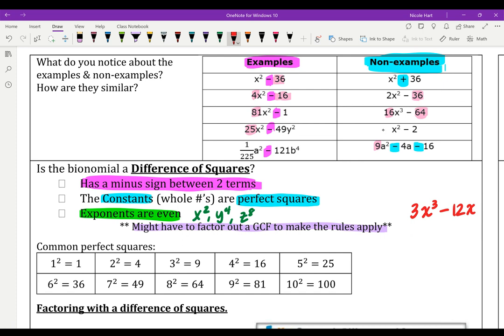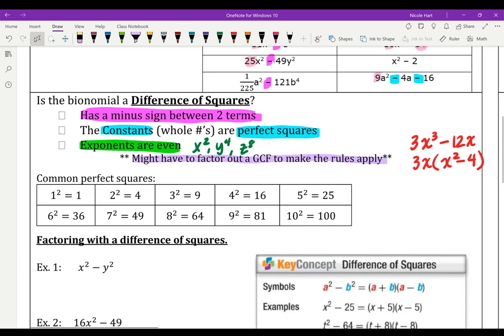Well, I can factor that. I can take a 3 out of both terms, and I can take an x out of both terms. So then that would leave me with x squared minus 4. So now on the inside of the parentheses, I have even numbered exponents, I have subtraction, and I have a number that is a perfect square. The 4 is a perfect square. So we might have to factor it first by GCF before we can actually break it into the difference of squares factor.